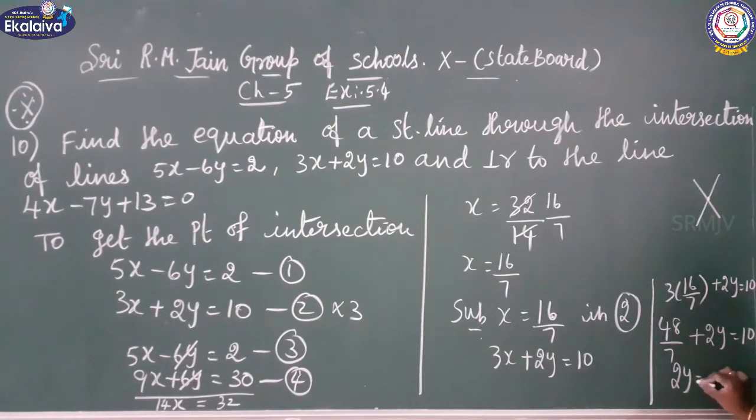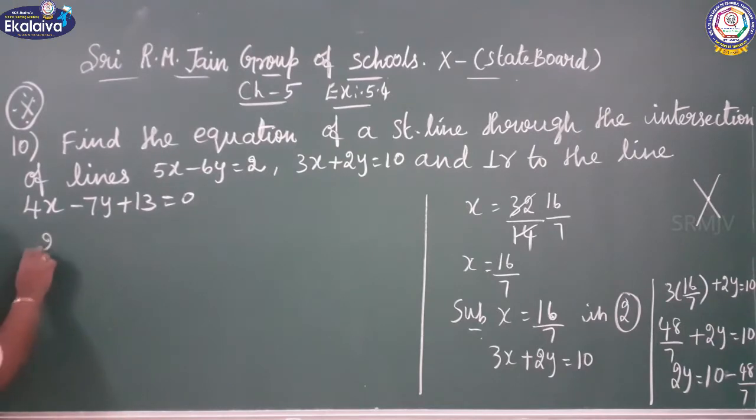2y equal to 10 minus, you bring that 48 by 7 to the right hand side. 10 minus 48 by 7.